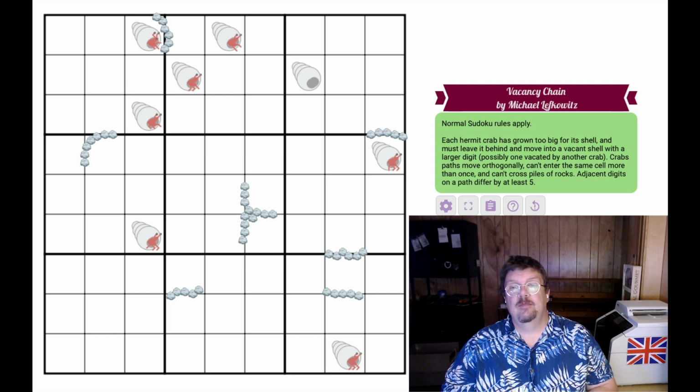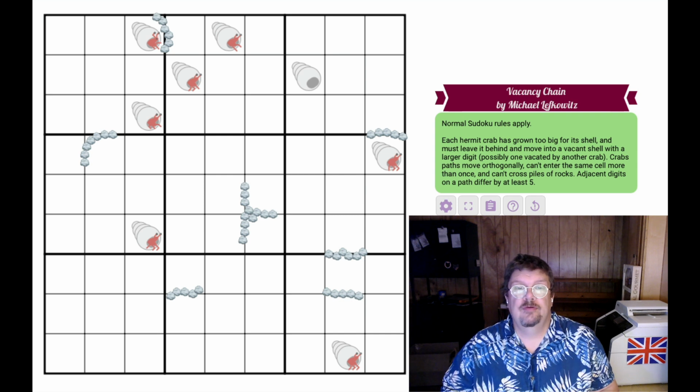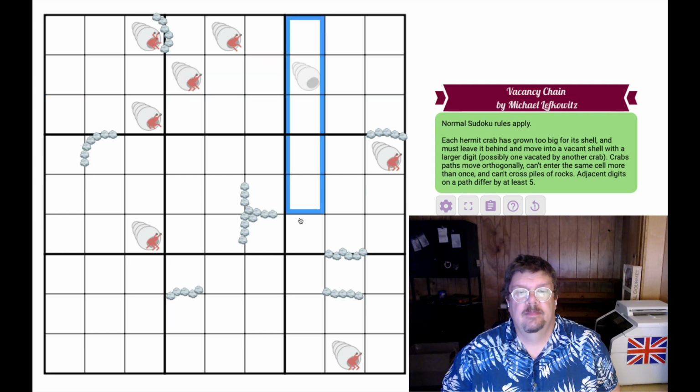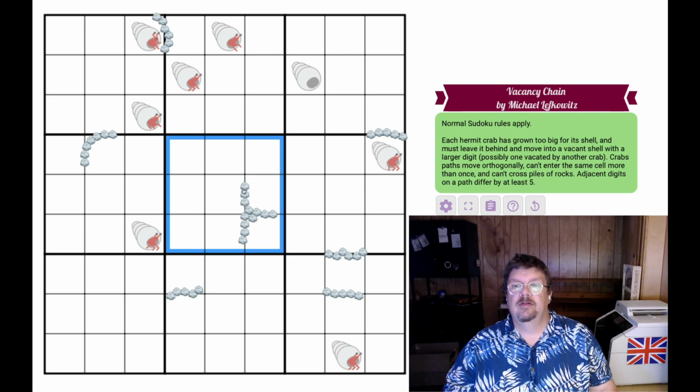And with that, let's get on with the rules. Normal Sudoku rules apply. That means that in every row, every column, and every 3 by 3 box, we're going to place the digits 1 to 9 once each.